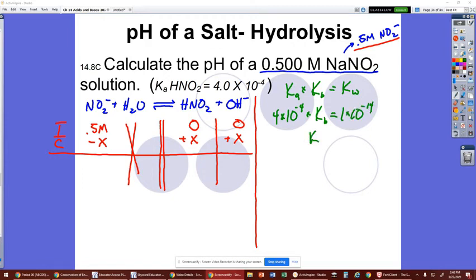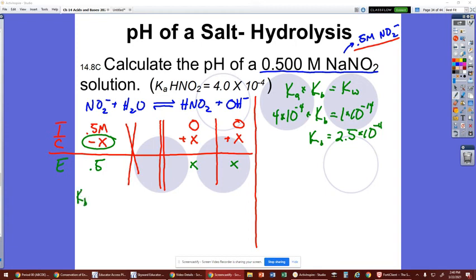So I divide on both sides, and my answer is 2.5 times 10 to the negative 11th. So that is really, really small. And as a result, I know that this X value over here can be ignored when adding or subtracting it to a non-zero number. So my equilibrium concentrations are going to be 0.5 molar still for the nitrite, X and X.